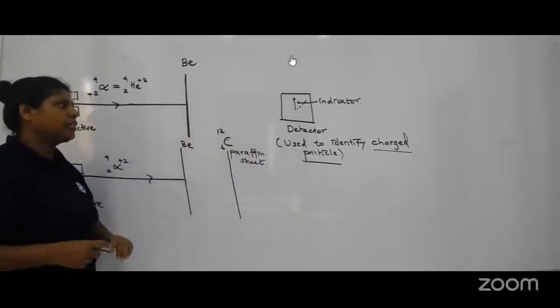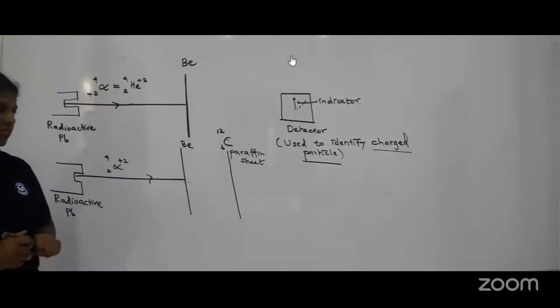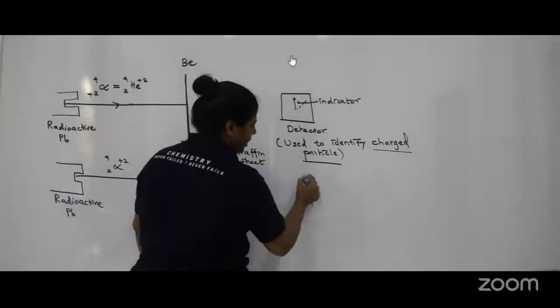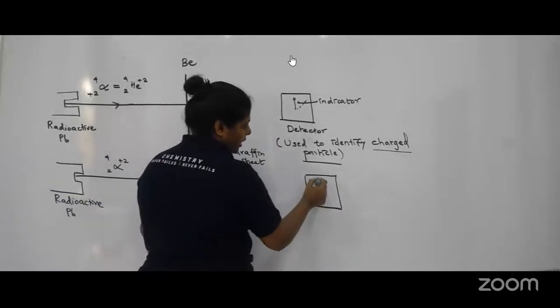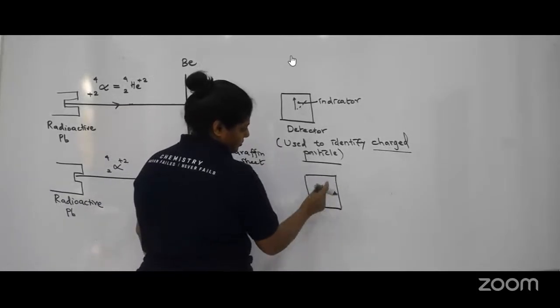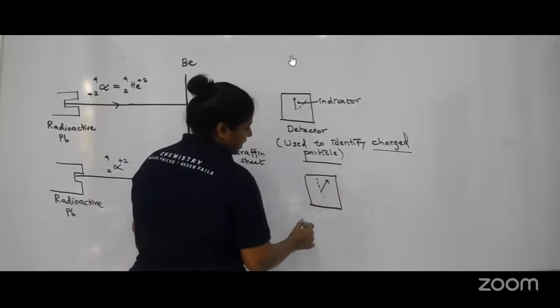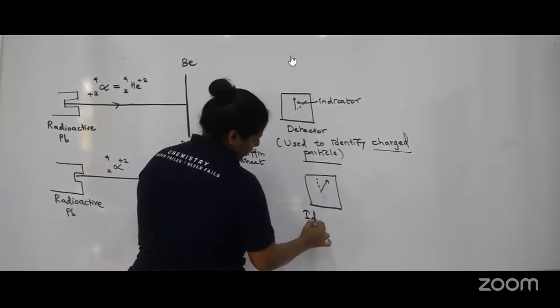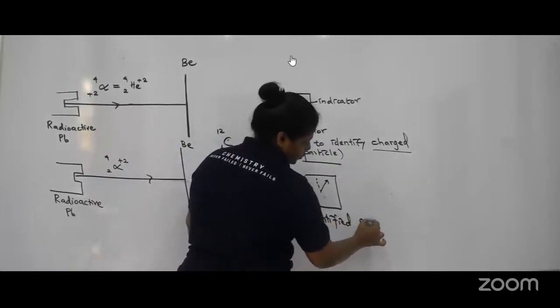But after keeping the paraffin sheet, the carbon-612 isotope, they could observe deflection. The deflection indicates positive charge.